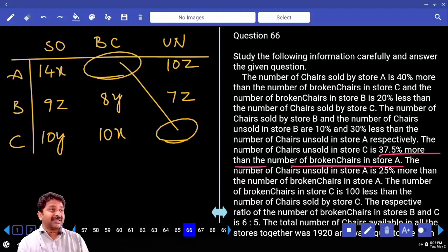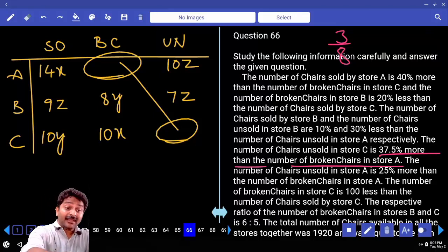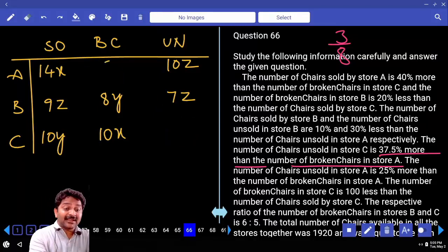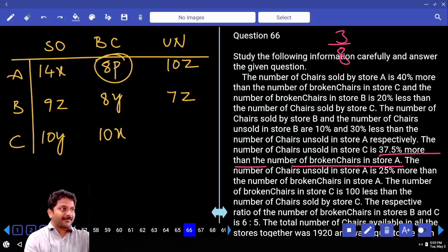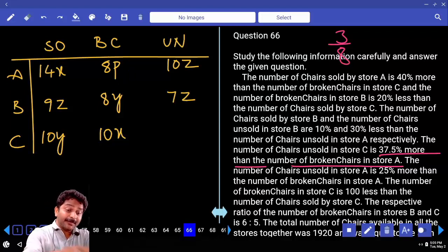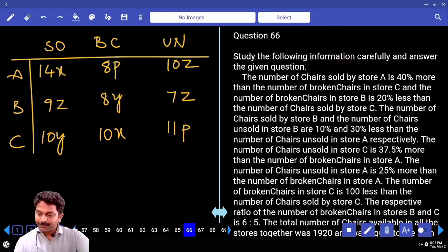But as this is 37.5%, let us identify it as 3 by 8. Hence, I would like to start broken chairs in store A as 8 parts, 3/8 of this number is 3 parts more. Then it will be 11 parts. Okay, continue.